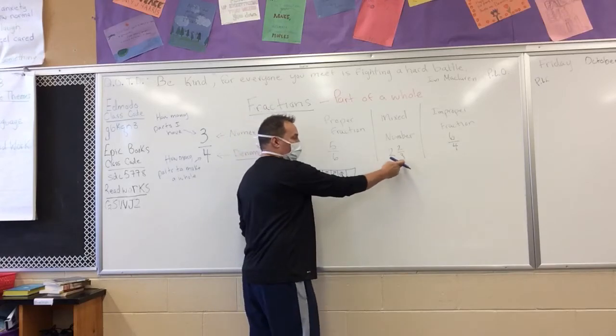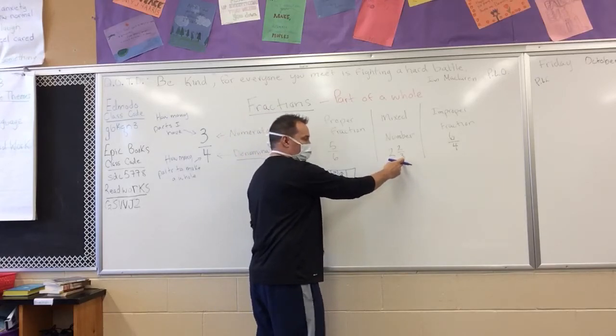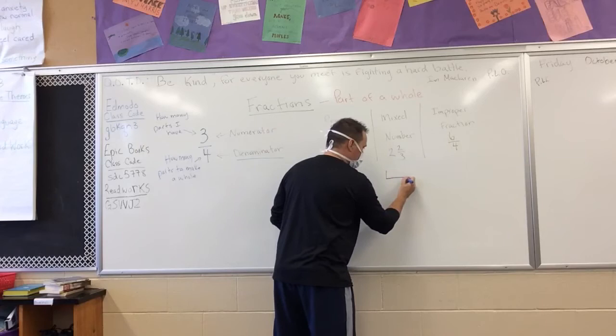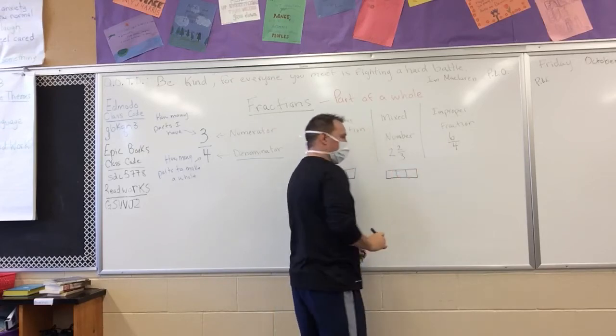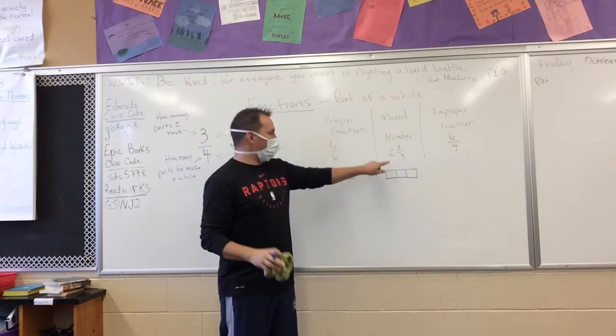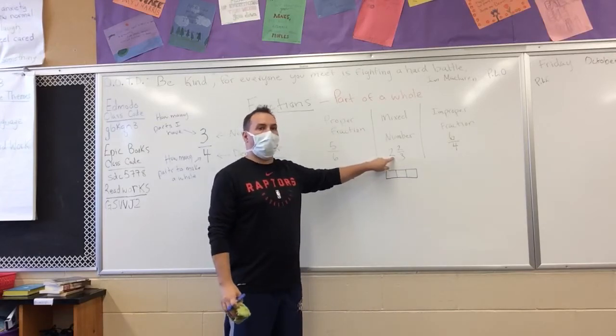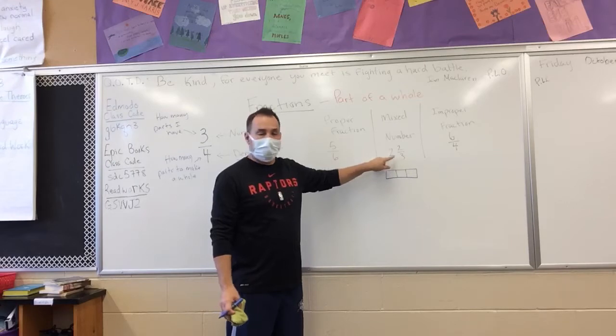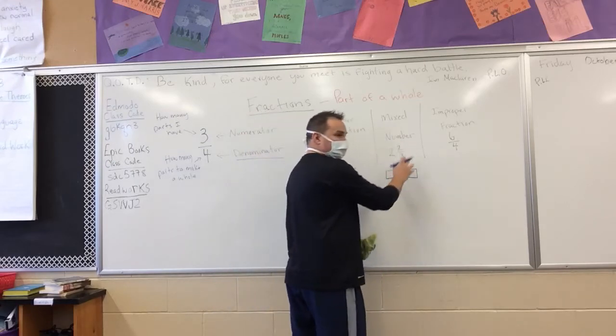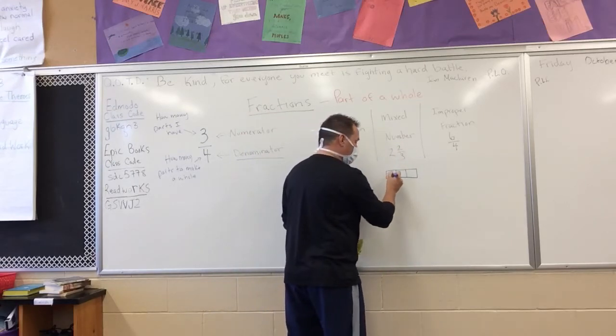So when we look at the part that says 3, we know that we have something that has to be broken up into thirds. As Olivia has said, this number tells you how many wholes you already have. So if we were to write this fraction out, it would look something like this.